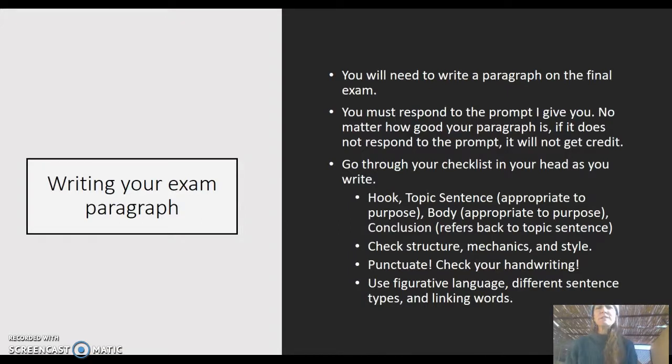First and foremost, you need to respond to the prompt that you are given. So, as I state here, no matter how great your paragraph is, if it does not respond to the prompt, you will not get credit. You must respond to the prompt I give you and write the paragraph type that you are asked to write. And then my suggestion is that you go through your checklist in your head as you write.